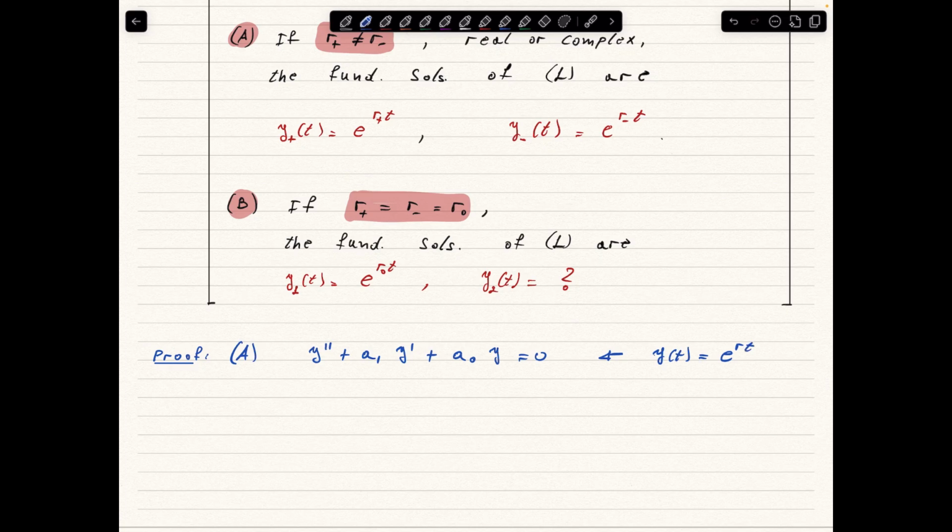And when we put that in here, what is going to happen? Well, we are going to have r squared exponential, plus a1 r exponential, plus a0 exponential. So exponential is going to be a common factor here, and all that has to be equal to 0.